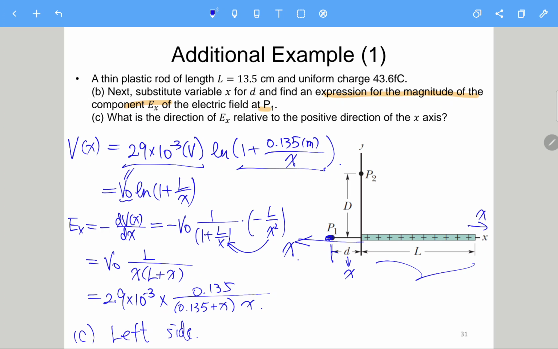Because it originally just asks you to substitute x for d. So in that case, for this expression, it considers the x-axis to point to the left side, but it again asks you relative to the positive x direction. But actually, for this x direction, it is that way.